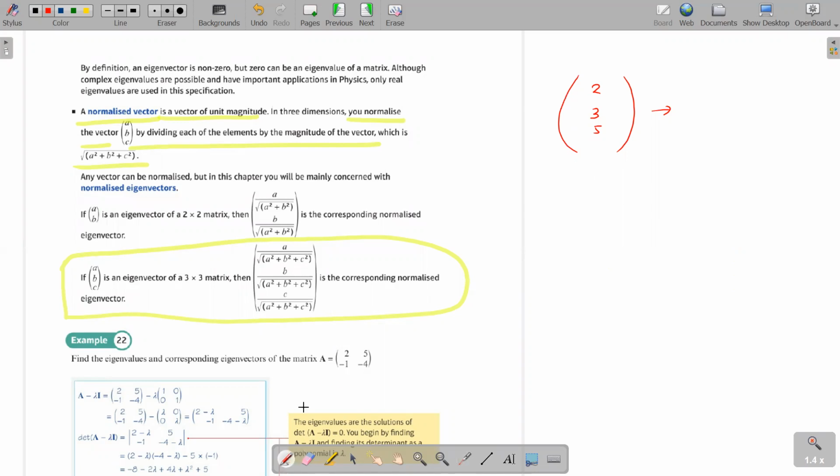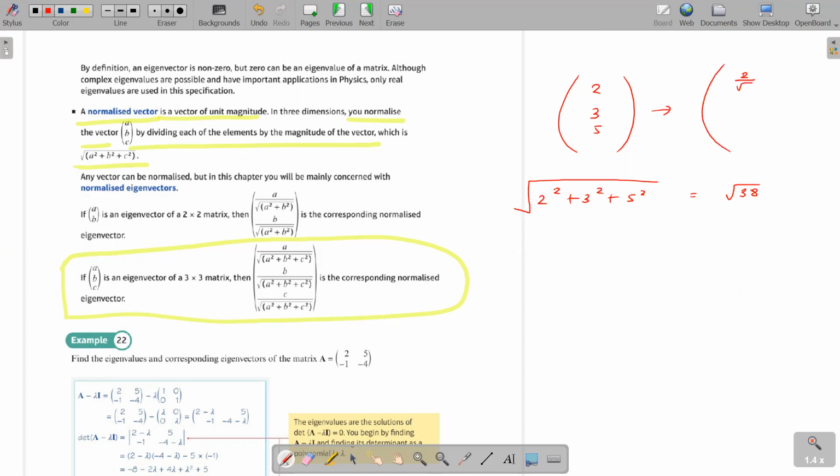Now, how much is the magnitude of this vector? The root of 2 square plus 3 square plus 5 square. How much is it? Root 38. So how do you get the normalized vector?